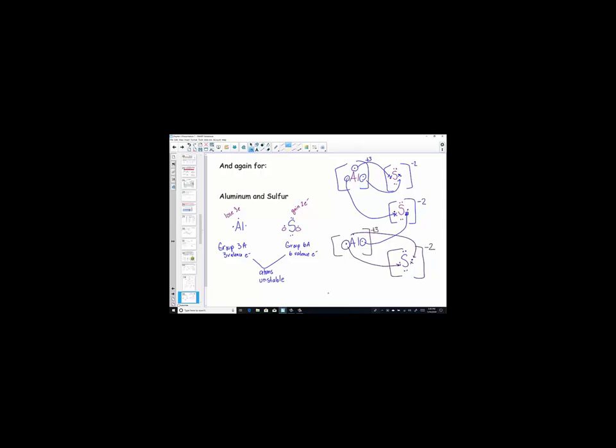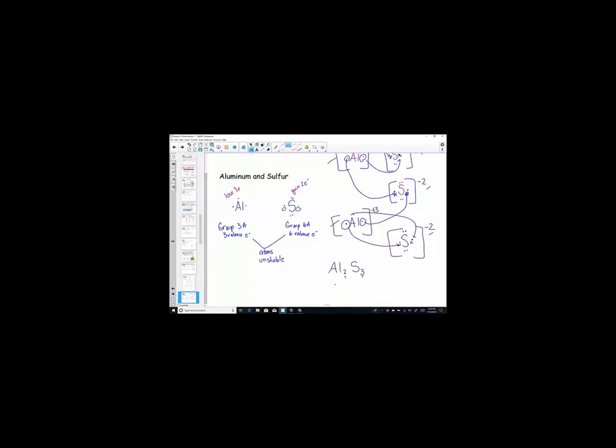It took 2 units of aluminum to satisfy 3 units of sulfur. 1, 2 aluminums, Al2, and 3 sulfurs, S3, Al2S3. This is a compound known as aluminum sulfide, ending in IDE.